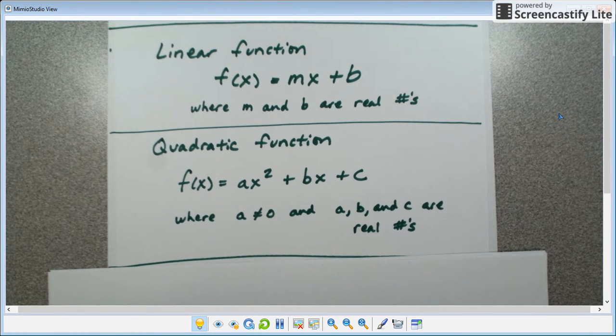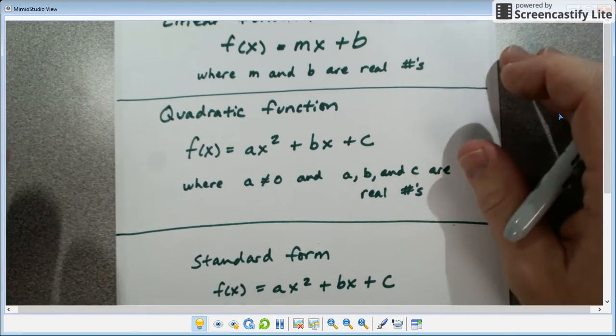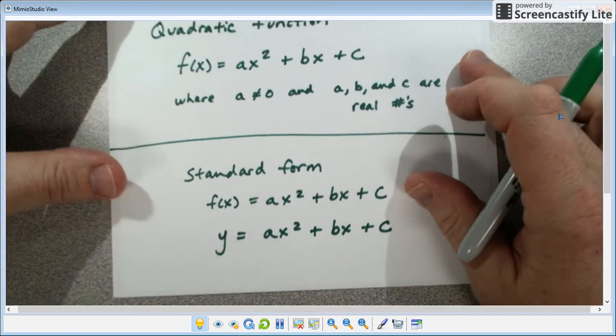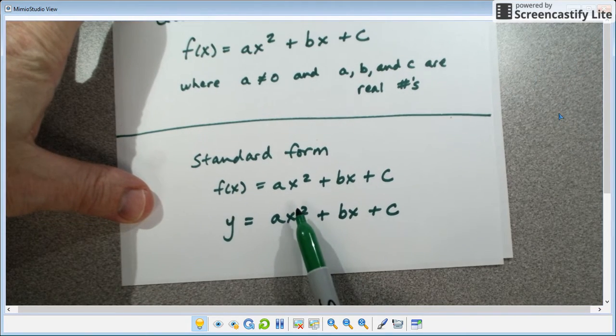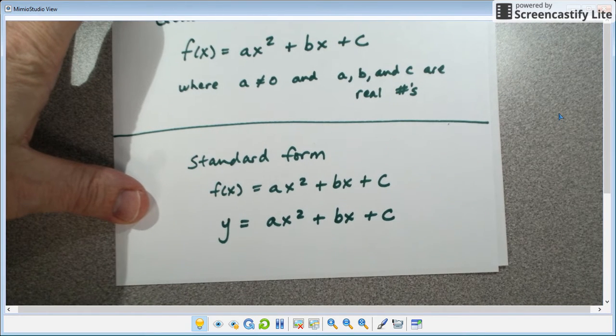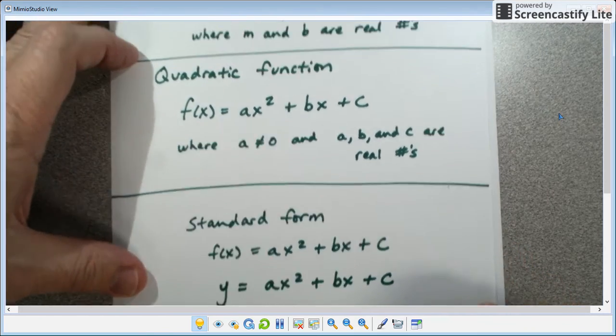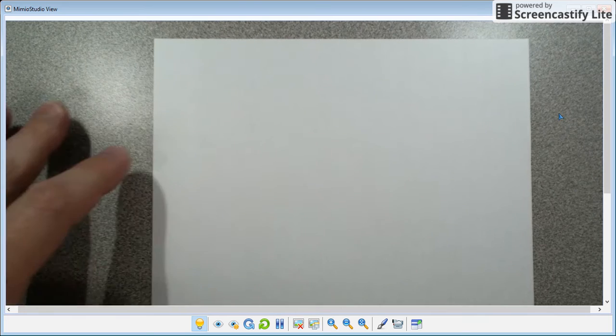And then a, b, and c are real numbers. That ax squared plus bx plus c is our standard form for a quadratic function. So we have either f of x equals ax squared plus bx plus c, or y equals ax squared plus bx plus c. Now, some problems in this chapter might ask you to rearrange a function into that standard form.